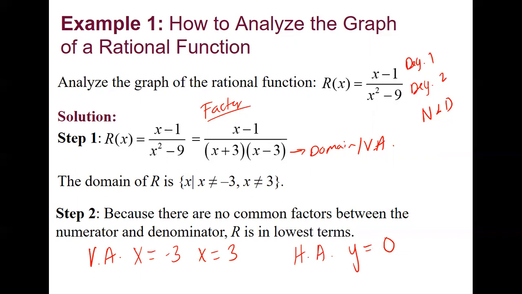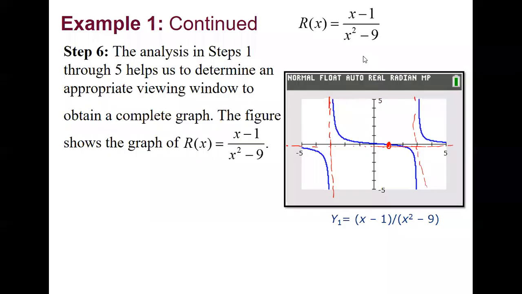Do you feel like those are things you could do? If the numerator degree is less than the denominator degree, then the horizontal asymptote is y equals 0.